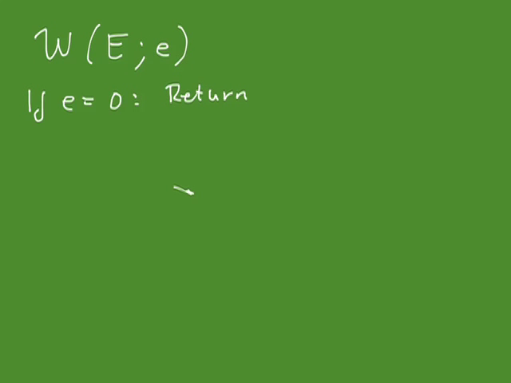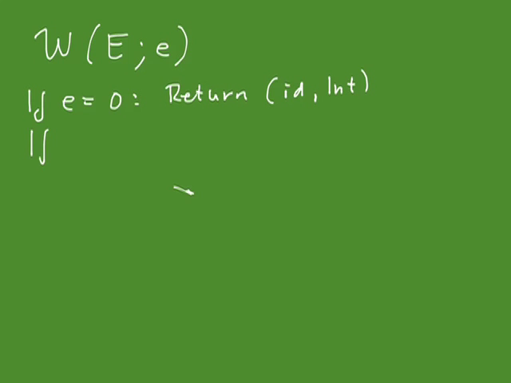So this algorithm takes an environment and a small e, and there's a case for each expression. If the expression is 0, well, that's easy. We return the identity substitution, and the type of 0 is int.